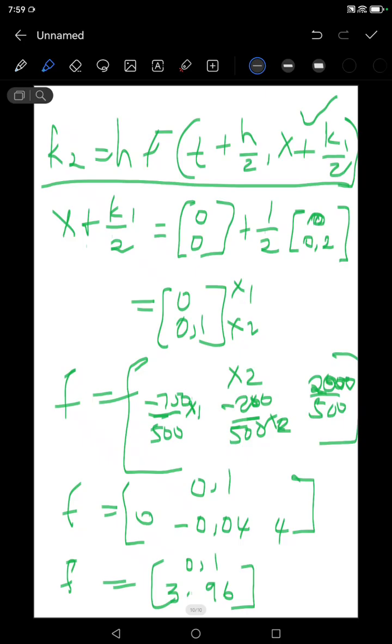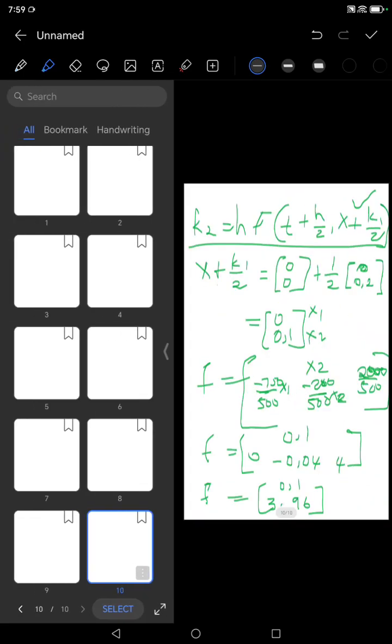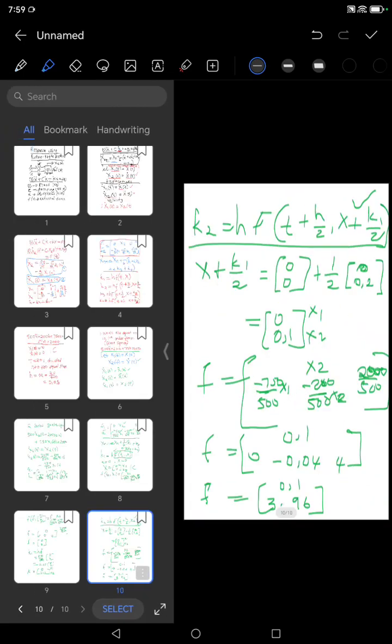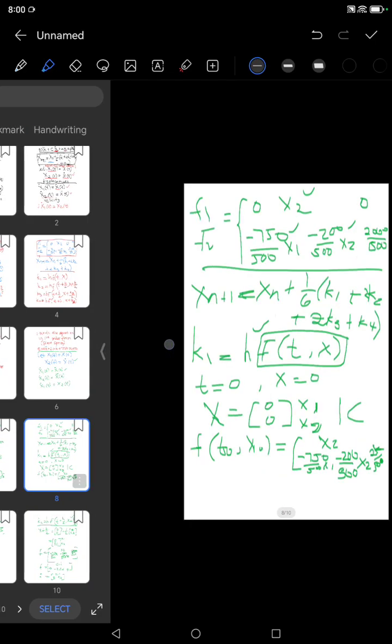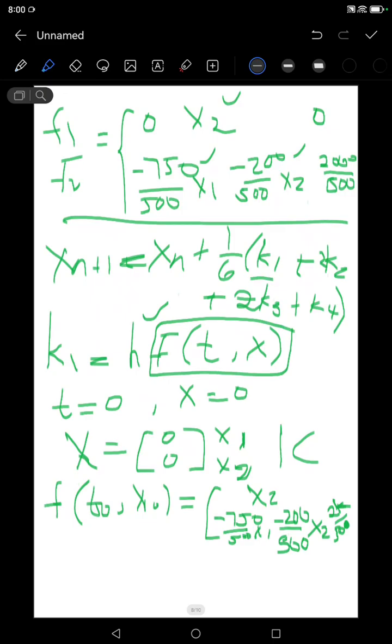After getting the value of k4, you substitute back to our equation, the x, what do you call this one? x n plus 1. Where is it? After getting the values of k1, k2, k3, k4, you substitute back here. So it's going to be x0 plus 1 is equal to x0.